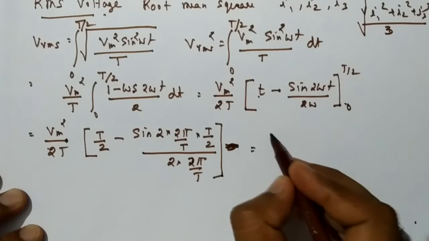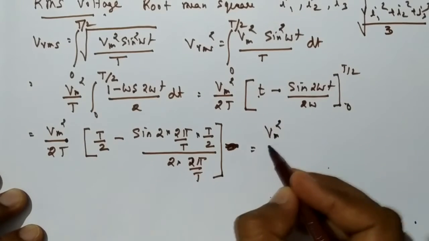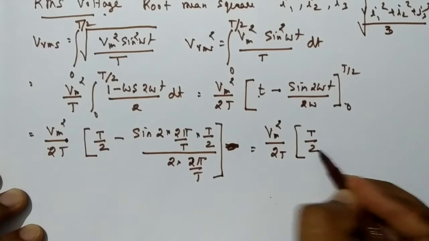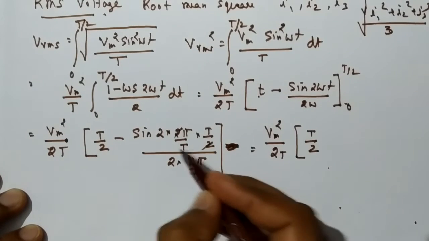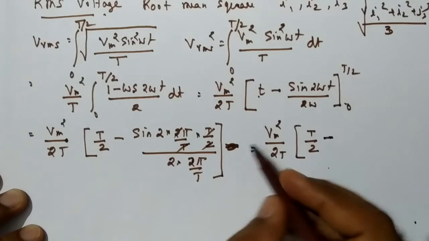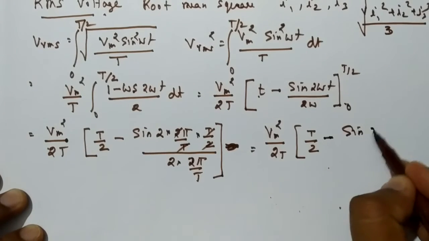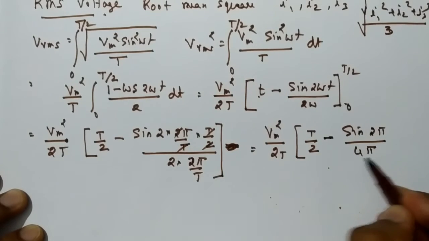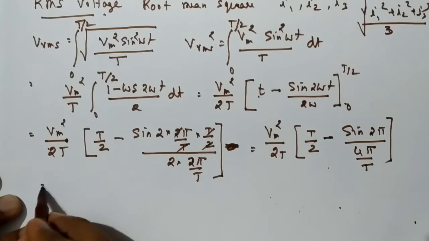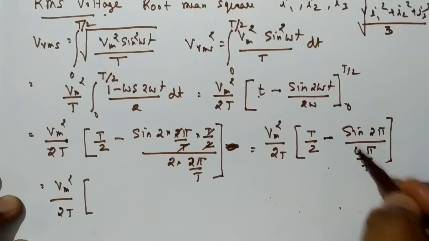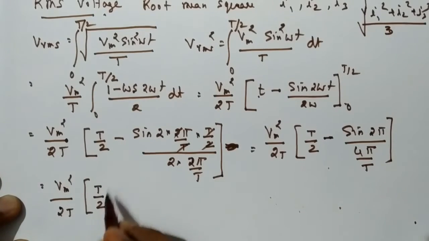So here this is the value. Now this will be equal to Vm square divided by 2T into T by 2, into this 2 goes, T goes, minus sine 2 pi divided by 4 pi by T. This is equal to Vm square divided by 2T into, sine 2 pi is 0, therefore it is T by 2.